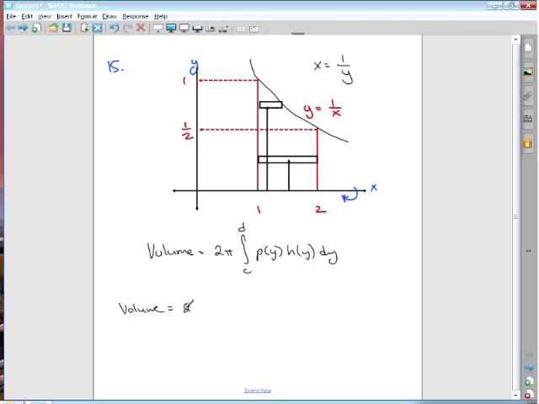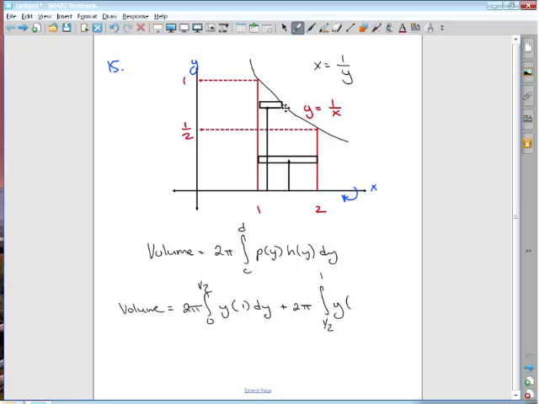So it's equal to 2 pi times the integral from 0 to a half of p of y, which is y, times h of y, which is just 2 minus 1, which is just 1, times dy. And then we do the second area, which is going to be 2 pi times the integral from 1/2 to 1 of p of y, which is still y.